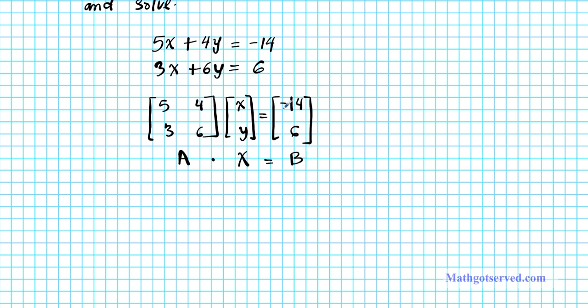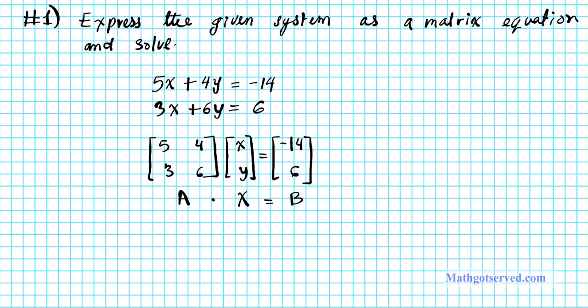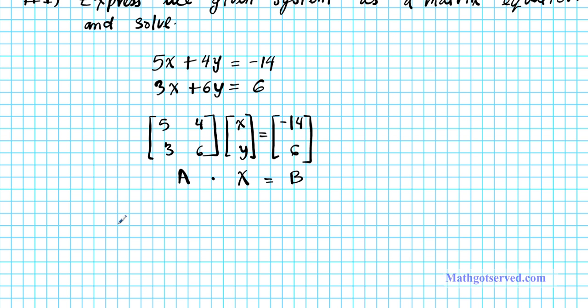X will be the value of the matrix on the top, and then Y will be the value on the bottom. So in order to do that, as we indicated in our procedure, we have to find the inverse of the matrix and then multiply both sides from the left by the inverse.